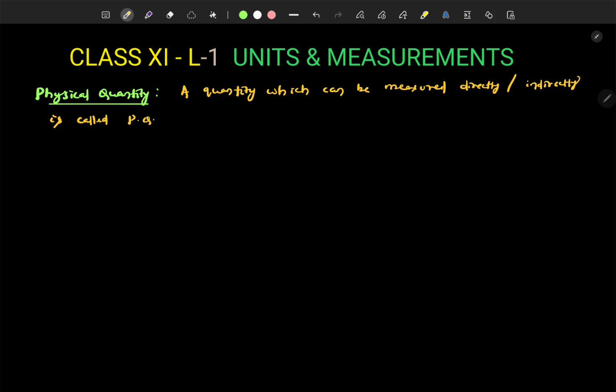Also remember this quantity helps us to represent laws of physics quantitatively.